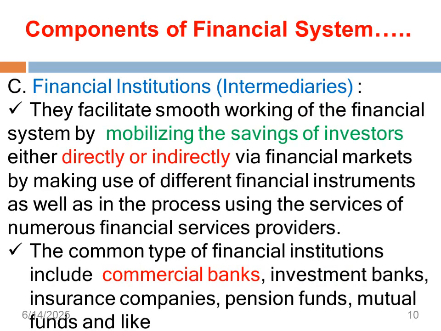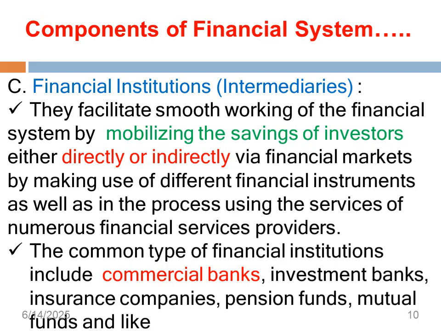The other components of financial systems are financial institutions or intermediaries. Examples of financial institutions or intermediaries are banks. Why are they called intermediaries? Because they link both lender and borrower.